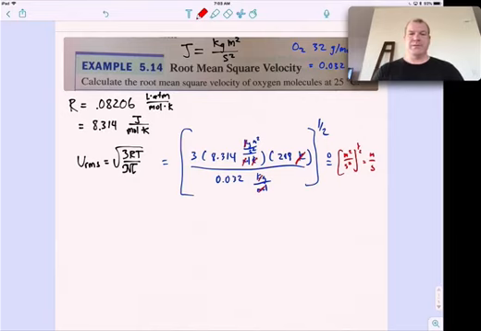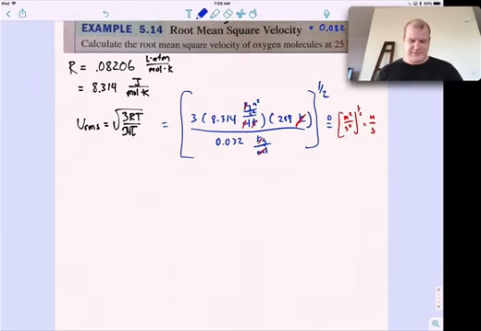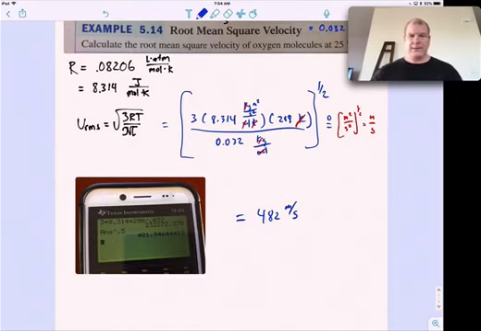So our units are in meters per second. That's the reason why we do it this way. It's for the units' sake. And now we just have to put this in our calculators. And you get 482 meters per second.